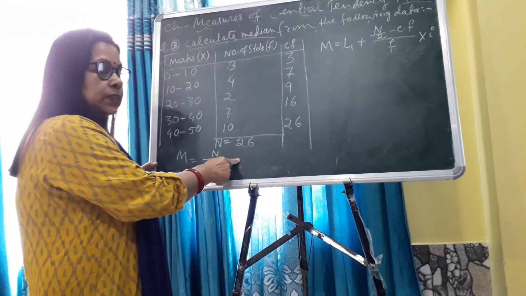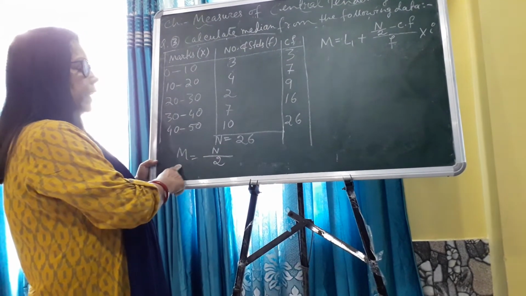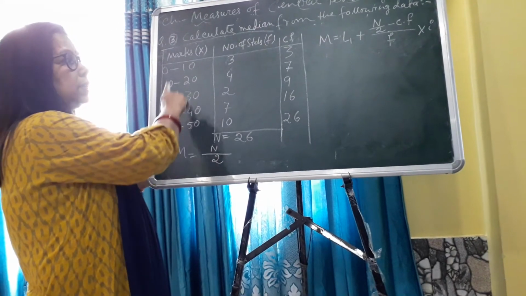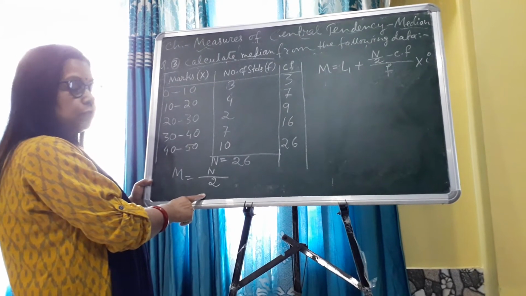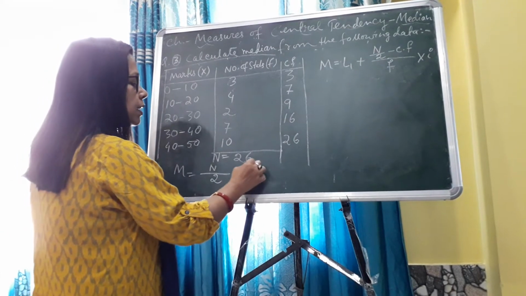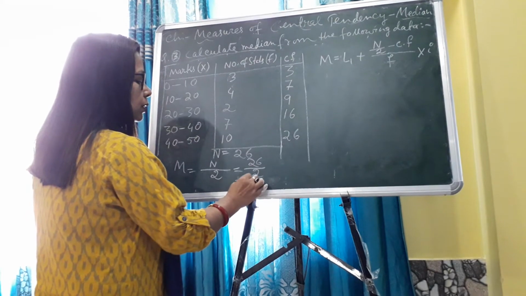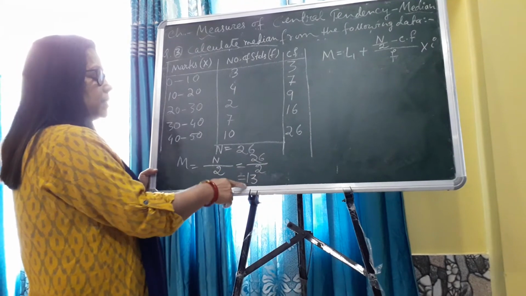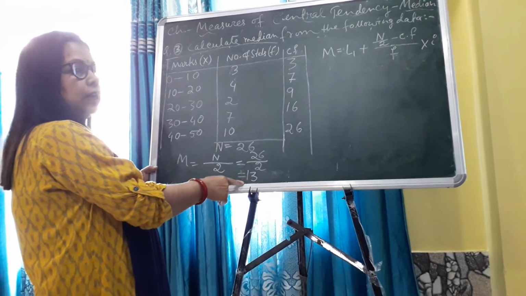In individual series and discrete series calculation, we have seen m equal n plus 1 by 2, but in continuous series only n divided by 2. First we have to do it. So n divided by 2, total number 26 divided by 2 equals 13. We get the 13th item. So this 13 you have to find out in CF, in which number 13 lies.